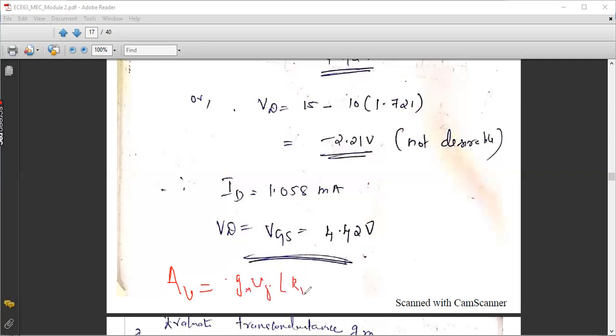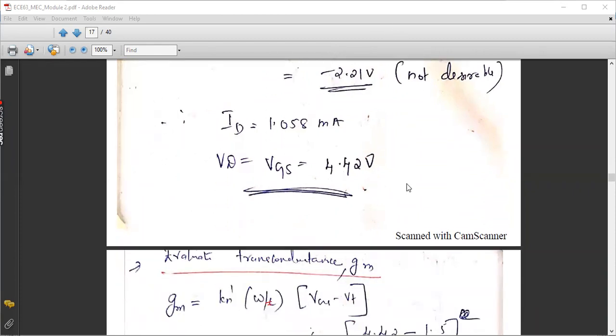Yes, very good. RD parallel R0. So this was the equation. So to find AV, you have to know GM also. VGS is already, it is VA only. Okay. So now we have to go for GM. Then we need to find R0. So now let us go for GM.